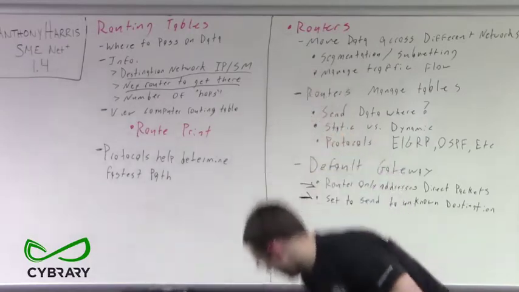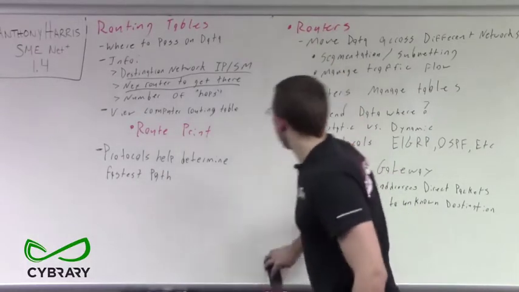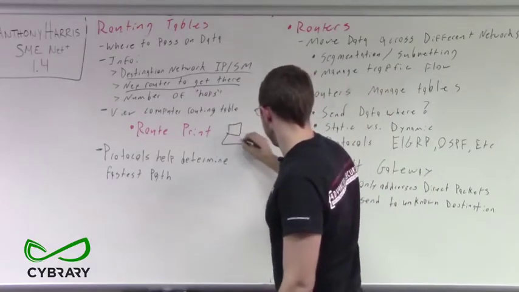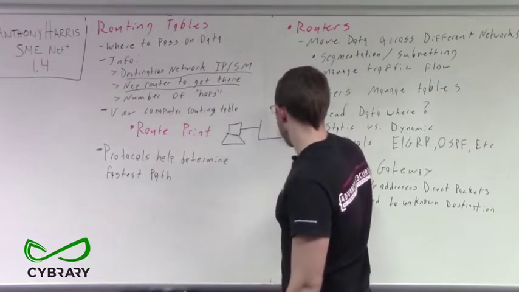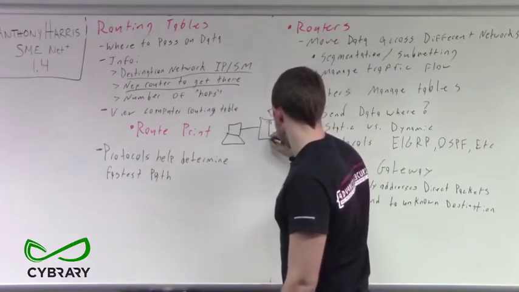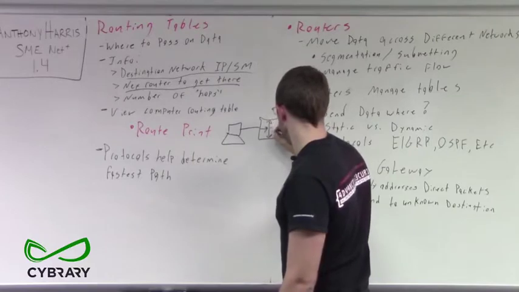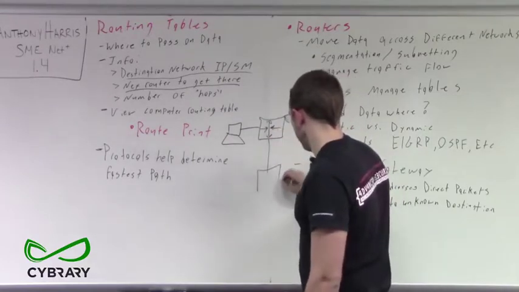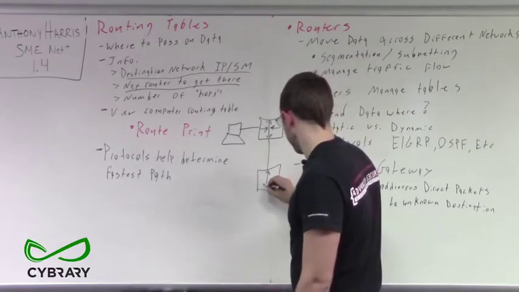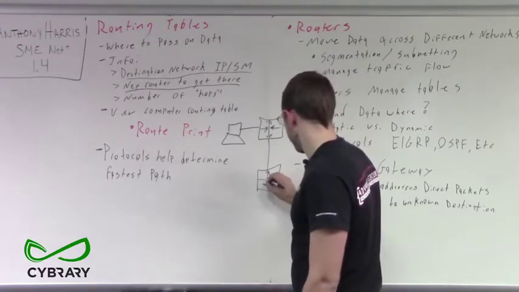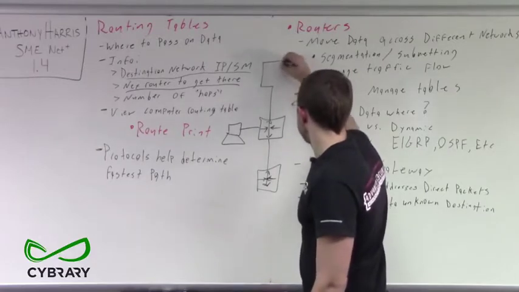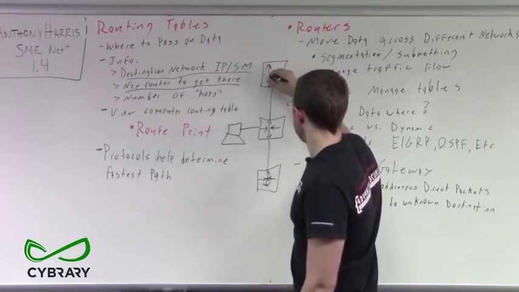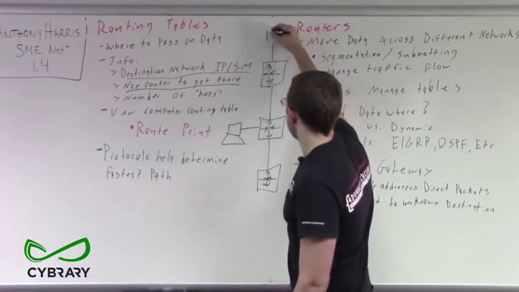If we have our network here, we're going to have our computer over here that's connected to our router. And then this router is connected to two other routers. And this top router up here is connected to the server that we're trying to get to.